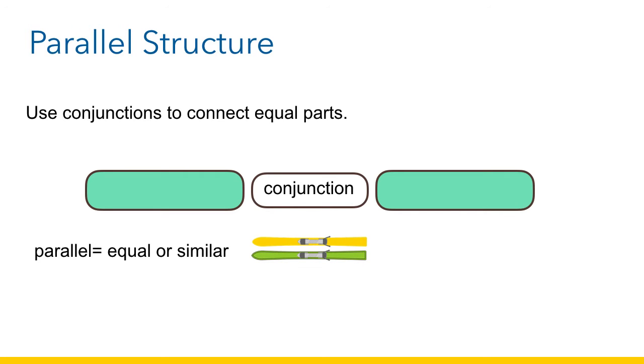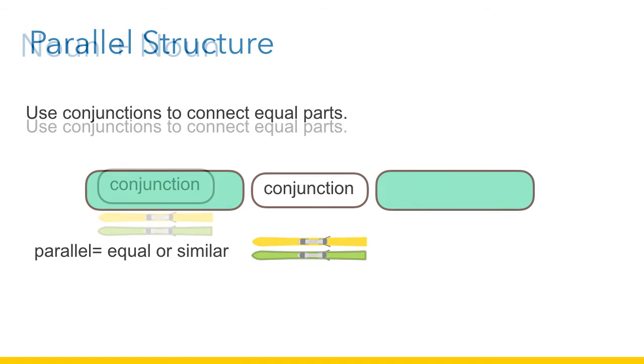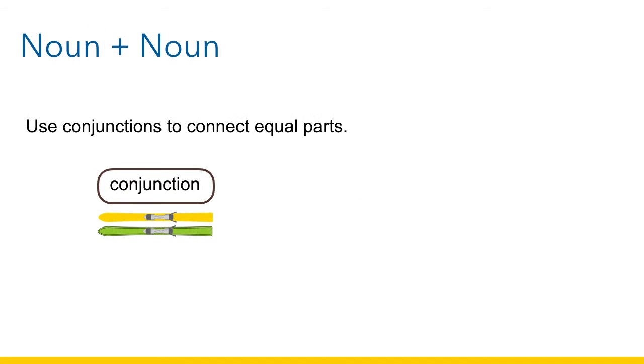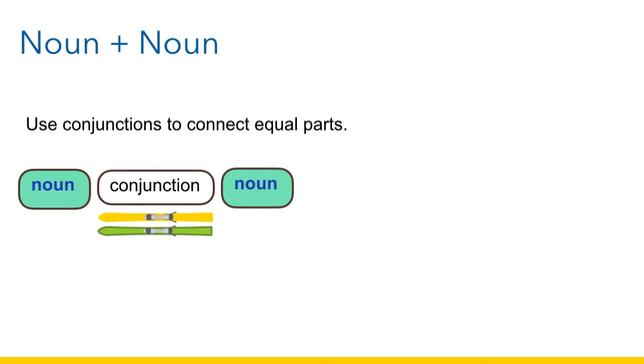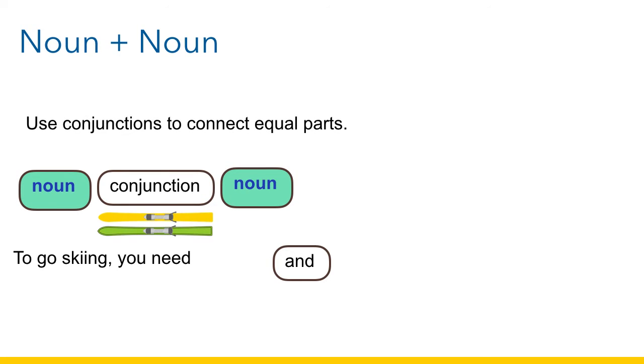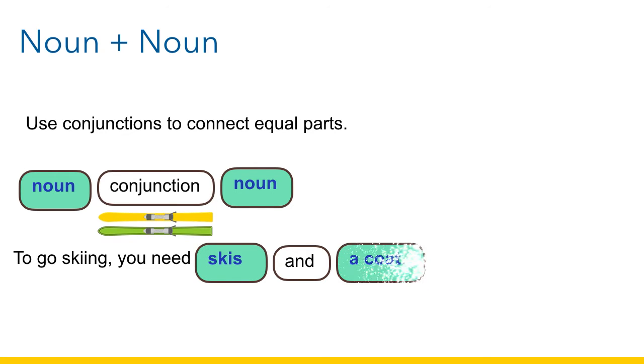For example, we can use a conjunction to connect a noun and a noun. To go skiing, you need skis and a coat. Here, and connects skis and a coat, which are both nouns.